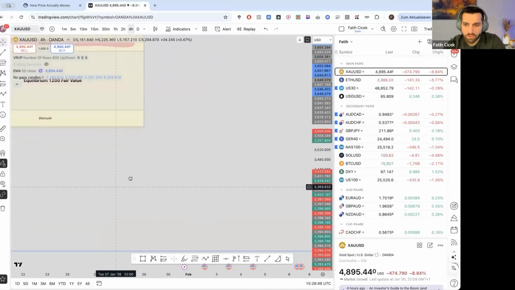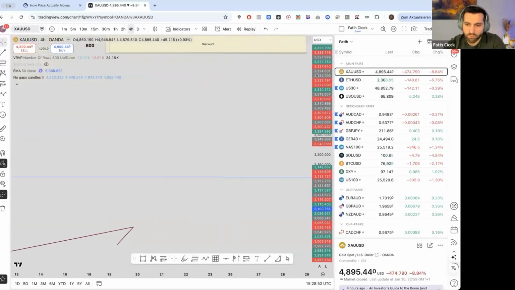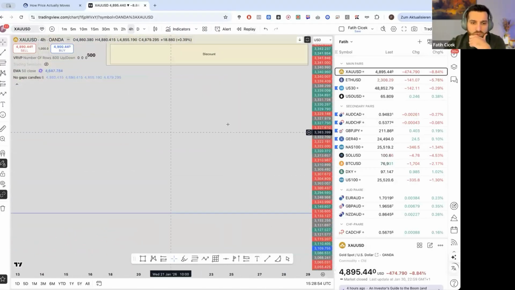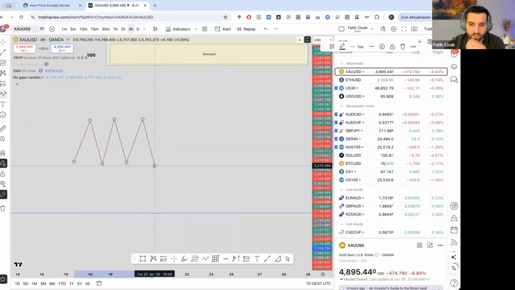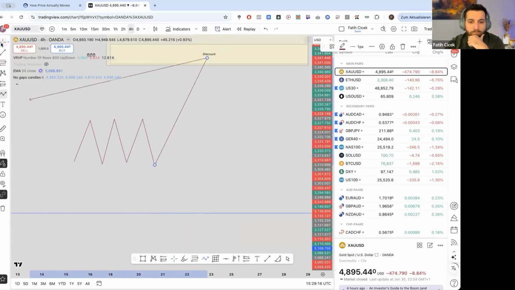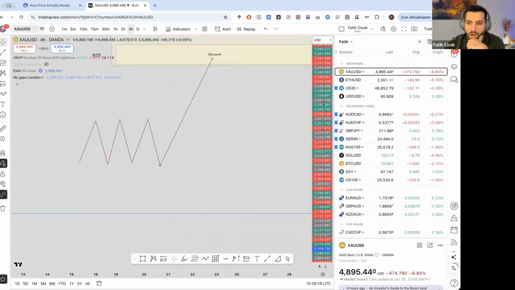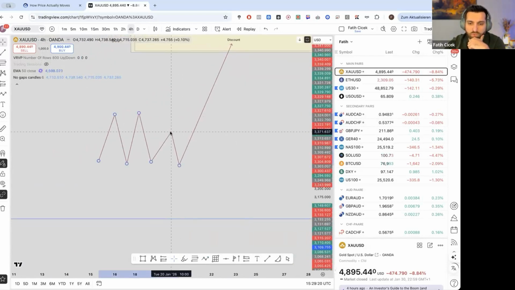And I'm just going to give you guys one more illustration. Let's just imagine that we have an accumulation phase. So we have something like this. And let's just assume that what the big institutions, what the banks want to do is they want to move price to the upside.